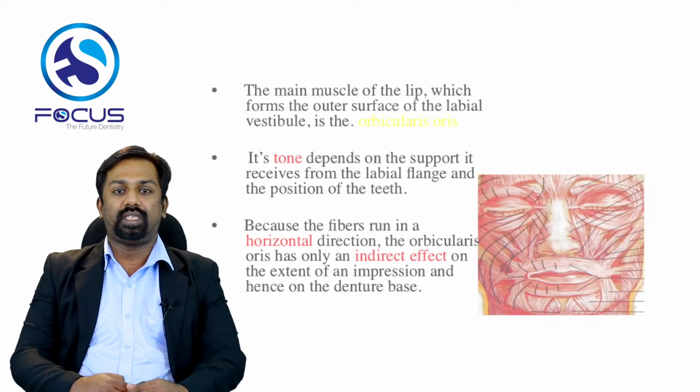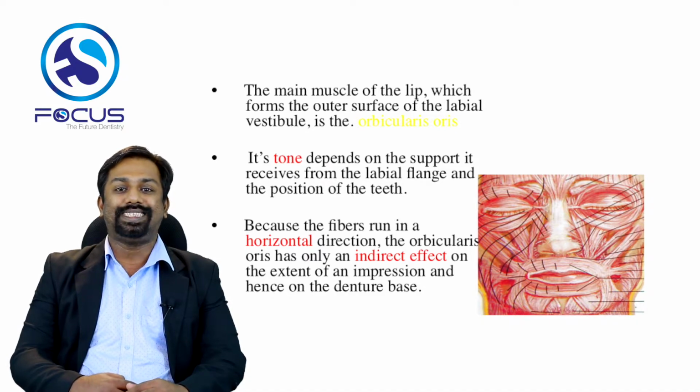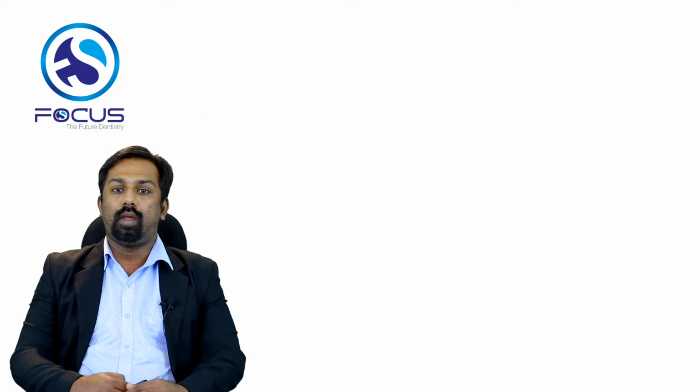Now this labial vestibule is under the action of orbicularis oris. Since the direction of orbicularis oris is in horizontal direction, the effect is indirect. It's not direct. So it will have an indirect effect over the impression and also over the denture base in the labial region.